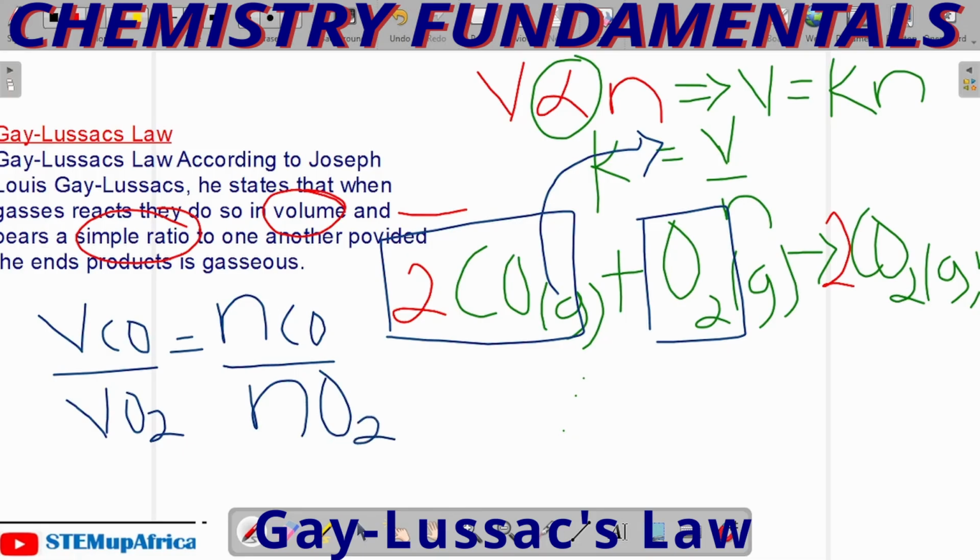I can arrange this expression by grouping volume to volume and mole ratio to mole ratio. As you can see, volume to volume, mole ratio to mole ratio. So let's see how we can apply this mathematical expression to tackle a question.